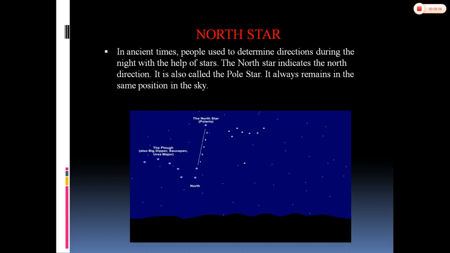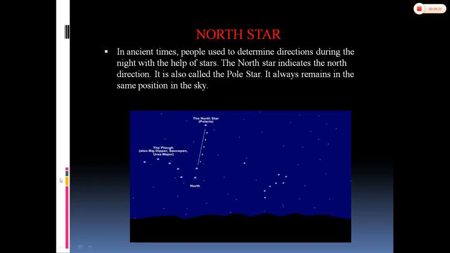We can locate the position of the pole star with the help of Saptarishi. If you look at the Saptarishi, you will notice that if an imaginary line is drawn joining the pointer stars and extended further, it will point to the pole star.